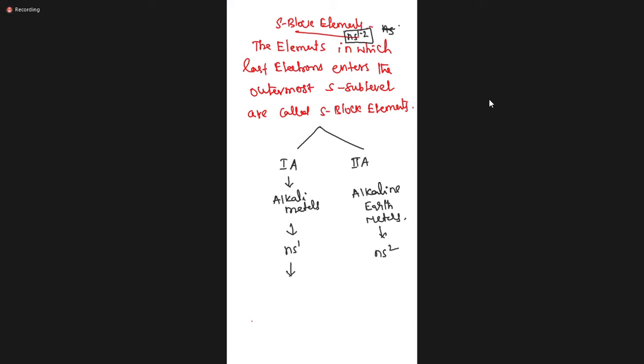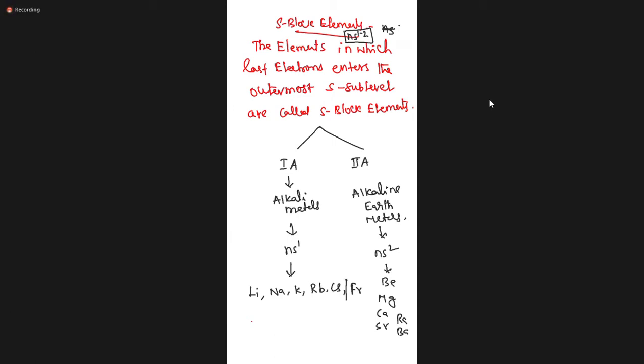Alkali metals: lithium, sodium, potassium, rubidium, cesium, and francium. And in the second A group: beryllium, magnesium, calcium, strontium, barium, and radium.